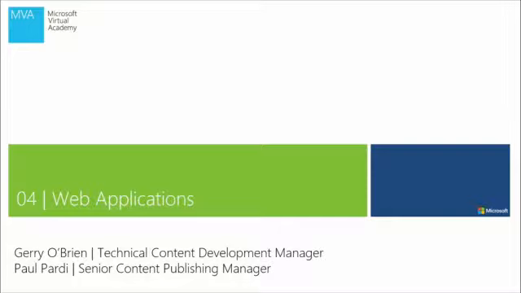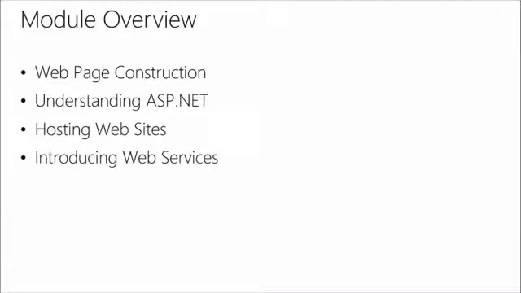But what we're going to take a look at here on web applications is a quick overview of web page construction, and talk a little bit about the difference between HTML versus an actual ASP.NET web application itself. And then we'll gain a high-level understanding of ASP.NET, which is Microsoft's platform for web applications, which will help you understand the differences between just a core HTML page and an actual web application that has some functionality.